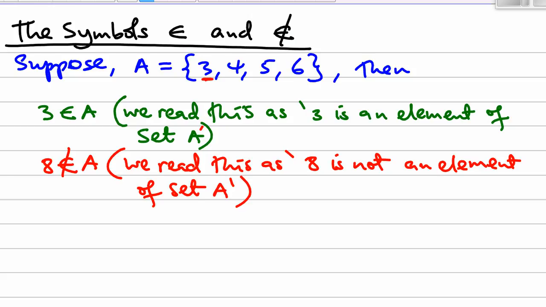So this is very important. This symbol here means an element of, and this symbol here means that whatever we're referring to is not an element of whatever set you are referring to.